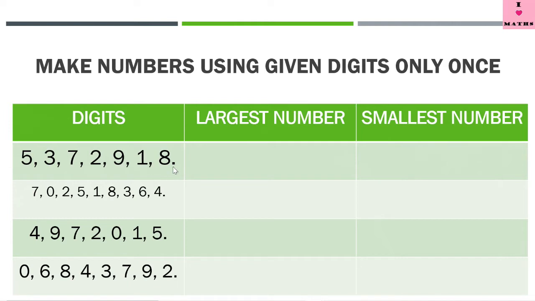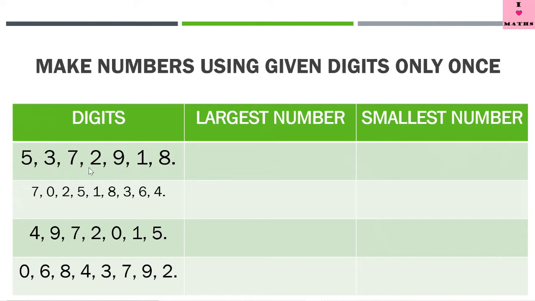we have to arrange the digits in descending order. Descending order means the biggest digit will come first, and then the next smaller, and so on till you go to the smallest digit. If we arrange the digits in this manner, the largest digit will be at the largest place of the number.